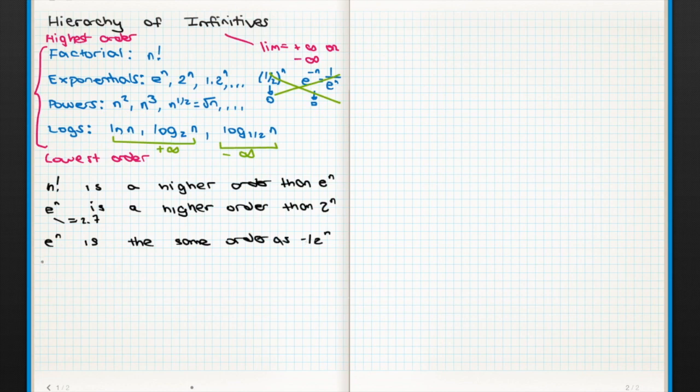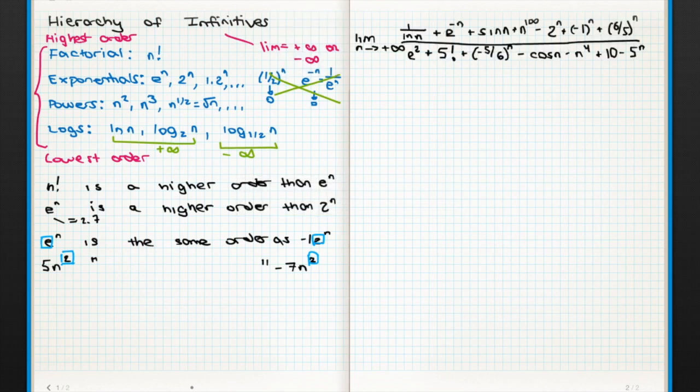And also, if you had something like 5n squared, that would be the same order as maybe -7n squared. So it's not just about quickness or slowness. It's specifically about the base when it comes to exponentials, and then the power when it comes to powers. So the key things that you're comparing here are the bases for the exponentials, and then the powers for the powers.